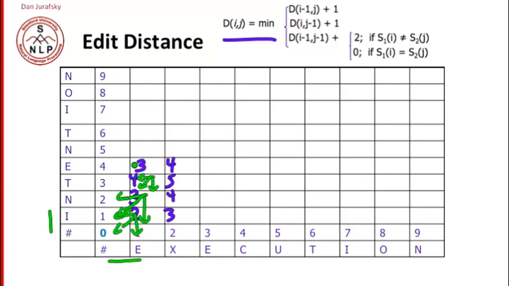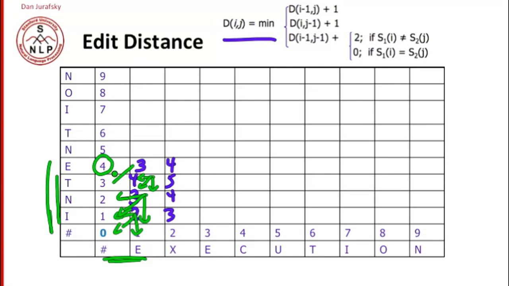Here we have a difference. So the distance between INTE and E, we could compute that by taking what it cost us to convert INTE to nothing, and then add another insertion for E, but that would be silly because 4 plus 1 is 5, and there's a cheaper way to get from INTE to E, and that is that it cost us nothing to match this E to that E. So our previous alignment between INT and nothing, we can add 0 from 3 to get a 3.